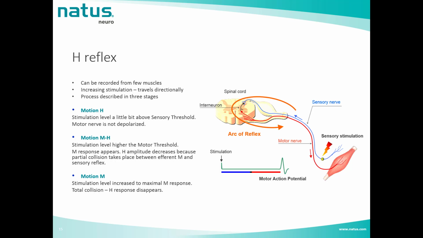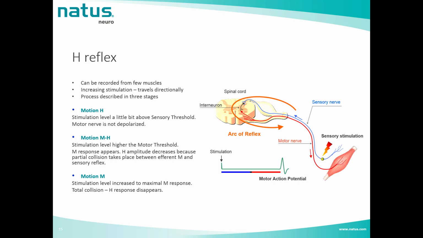In that case, the sensory fibers are stimulated but not the motor fibers. In such a case, the sensory stimulation will go up to the spinal cord, go through the interneuron, connect to an alpha motor neuron, and go back into the muscle.